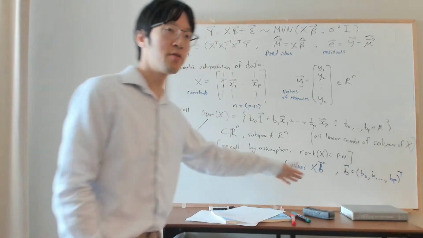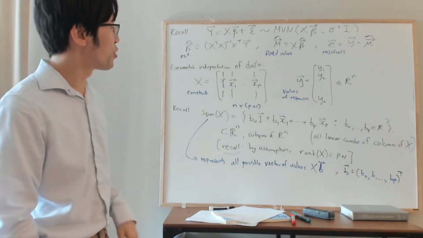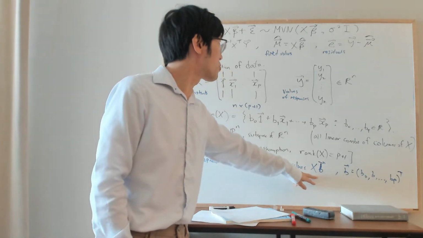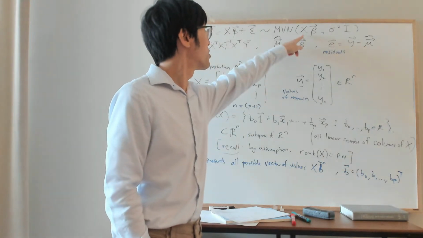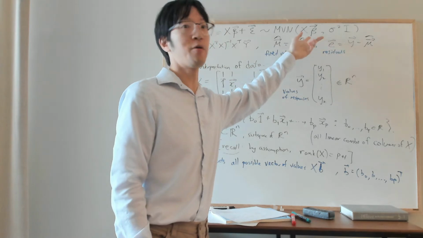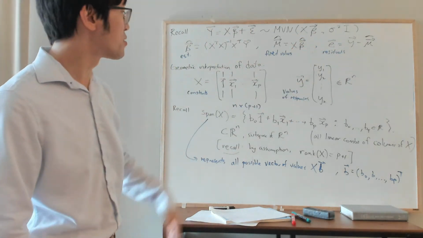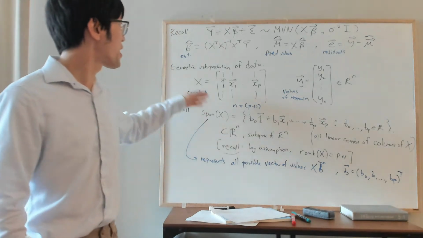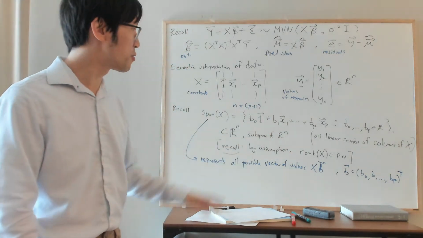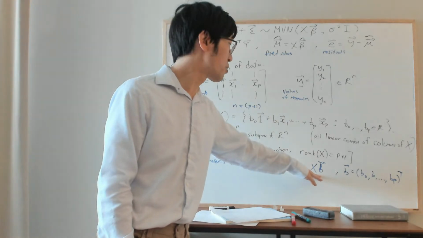The reason I write it like that is that you start to see some resemblance to the multiple linear regression model setup, because we're assuming in our model that the mean response is X times beta, where beta is an unknown set of parameters. So what we're saying here is that the span of the matrix X is in fact all possible values that you could get for X times a vector of constants.